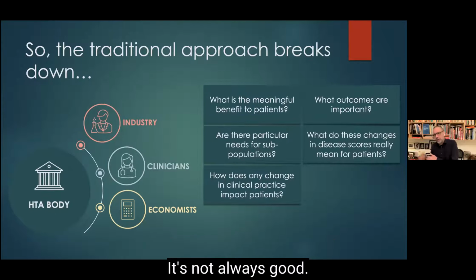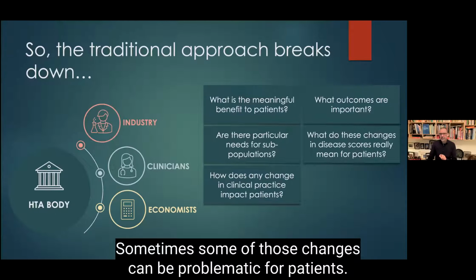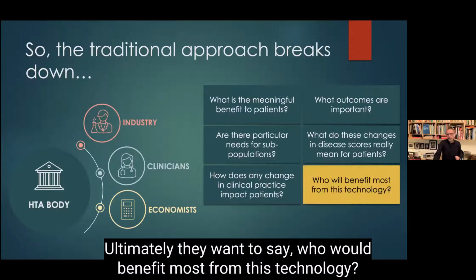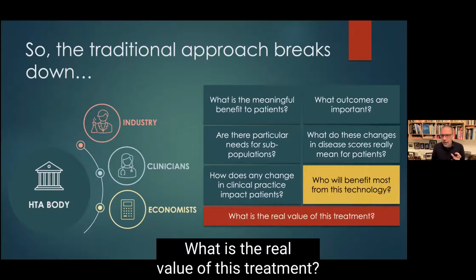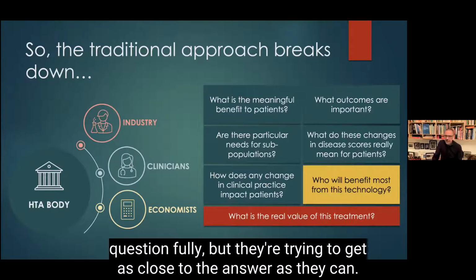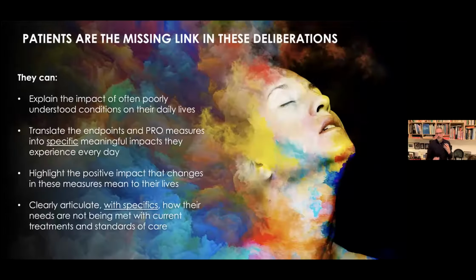It's not always good. Sometimes some of those changes can be problematic for patients. And ultimately, they want to say who will benefit most from this technology and what is the real value of this treatment. They never really can answer that last question fully, but they're trying to get as close to the answer as they can.